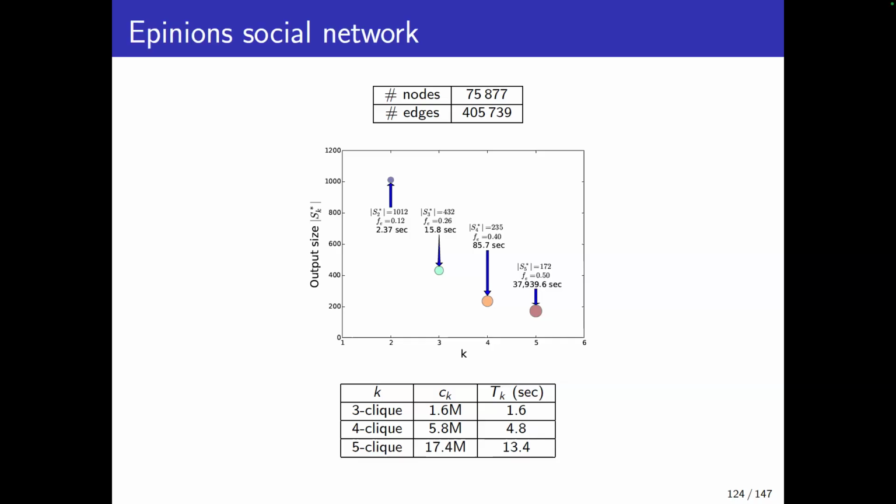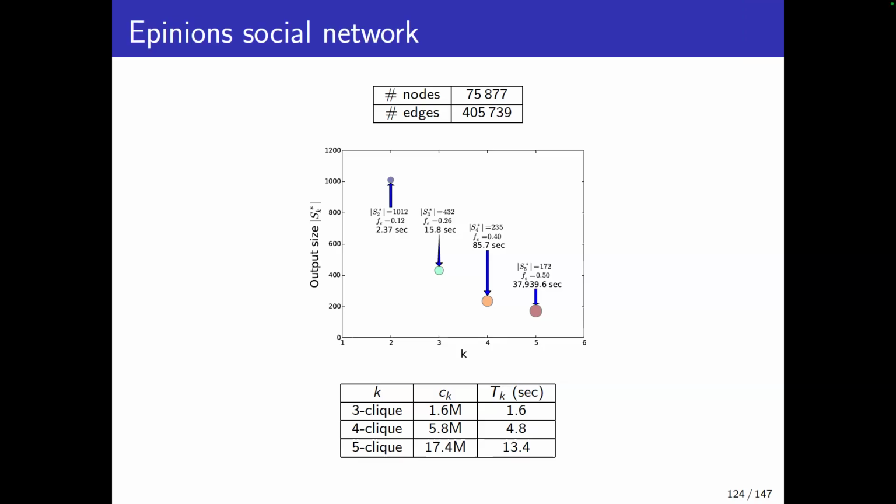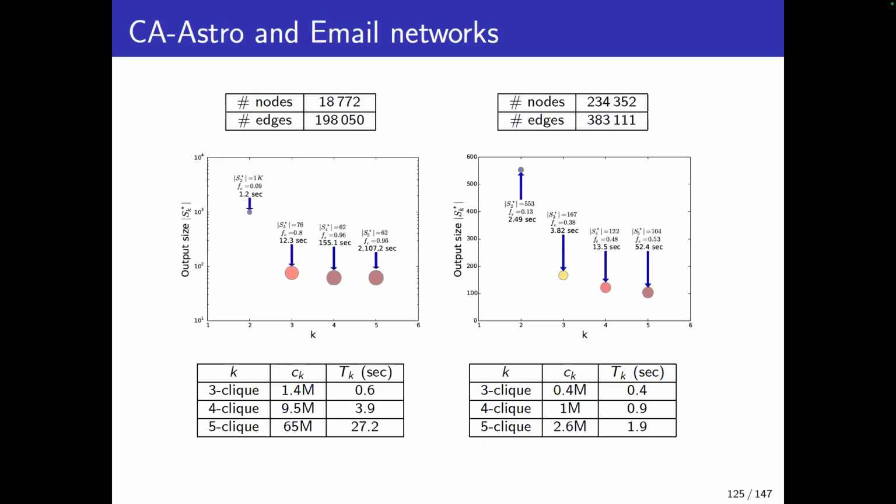This one you can solve in 2.37 seconds. This, if you do it exactly, takes almost 38,000 seconds to run the max flow. This is the effect of max flow. However, we have already discovered that there is a principled way to do that. And this replicates over many data sets. This is an astrophysics collaboration network and an email network.